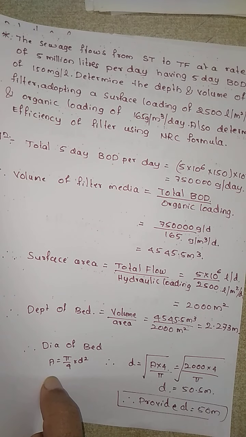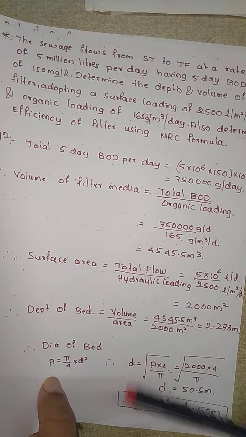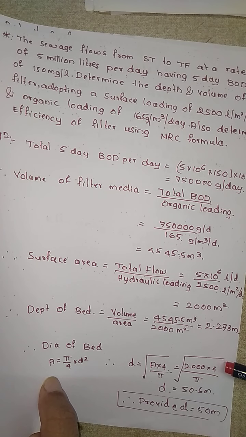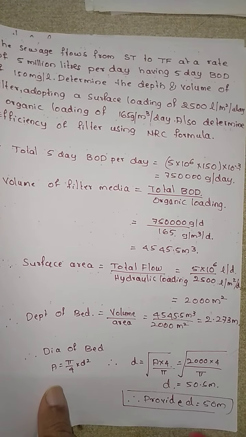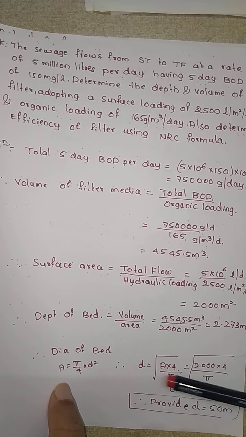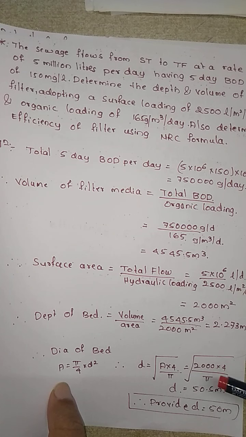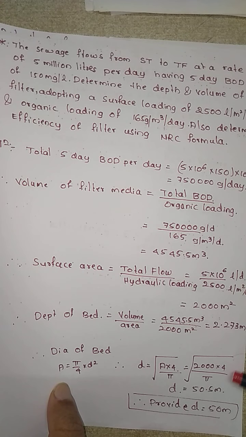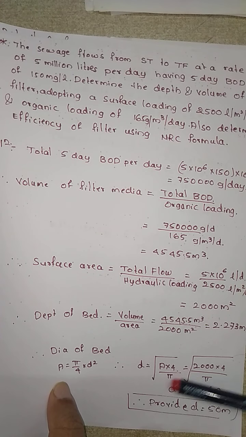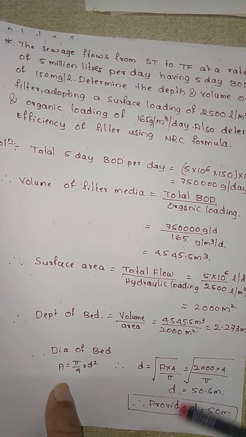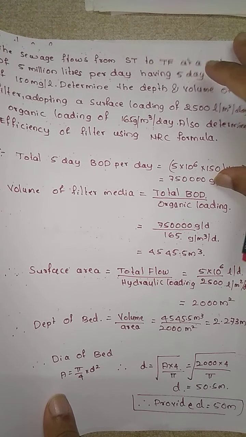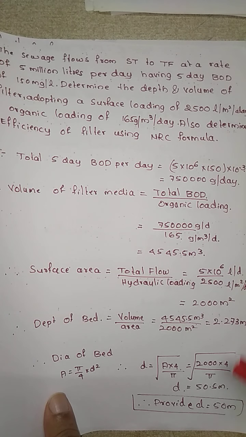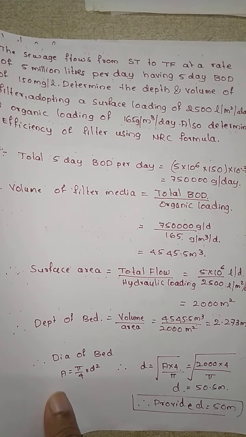Now the diameter: we already know the area is equal to pi by 4 into d square. From that we can calculate d as 2000 multiplied by 4 divided by pi, so we get d as 50.5. We will keep it as 50 meters. So we have calculated the depth and the diameter.